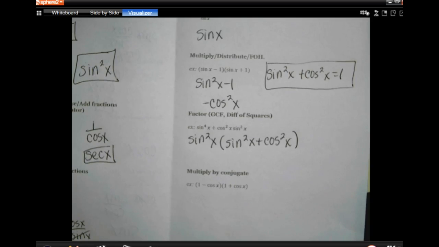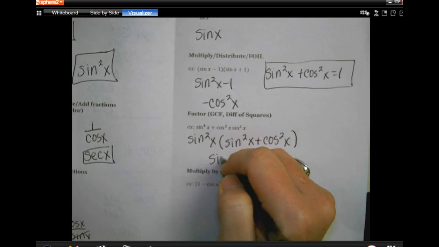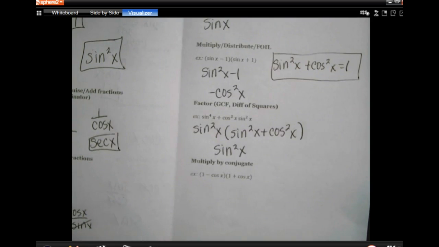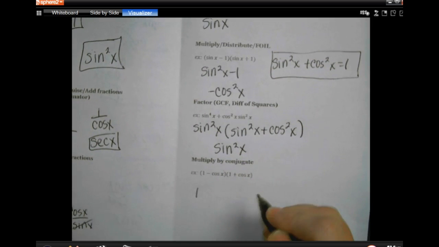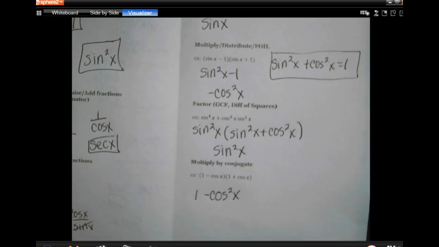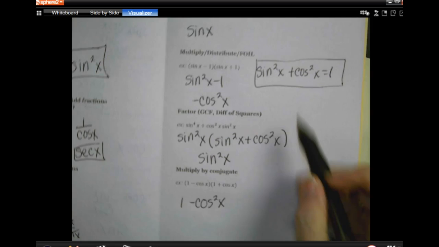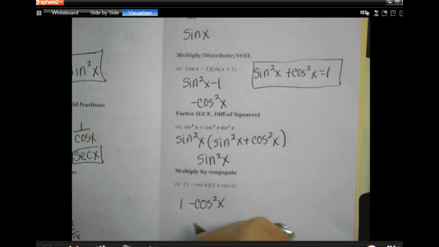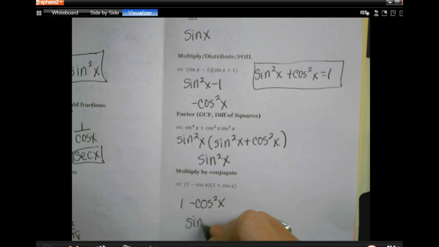And now sine squared plus cosine squared is 1, so I have 1 minus cosine squared of x. So if I look back at this, 1 minus cosine squared is going to leave me with positive sine squared.